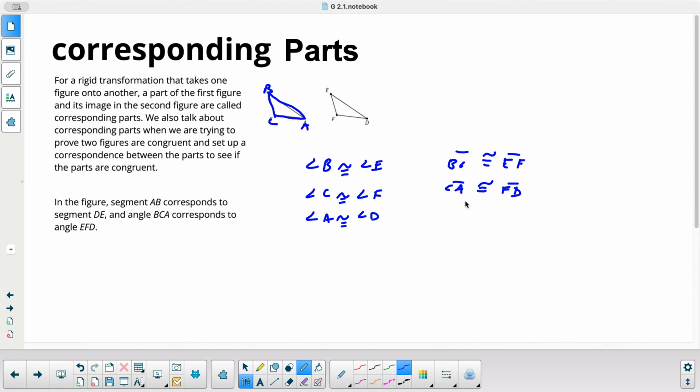All right, corresponds doesn't have the equals part. And then AB and DE. All right, so these are my corresponding parts of these two congruent triangles, okay?